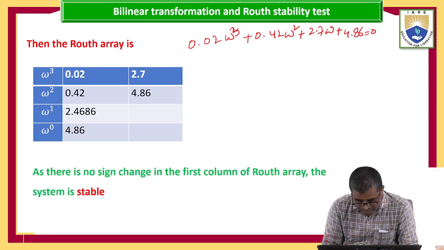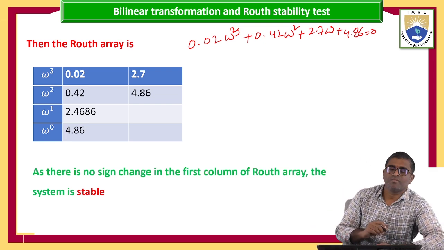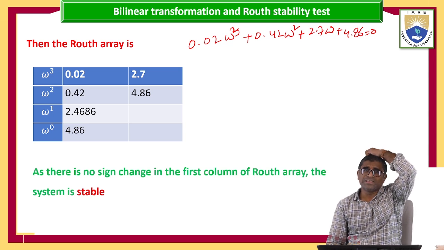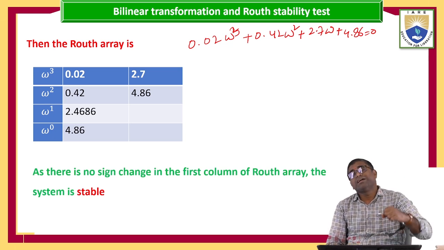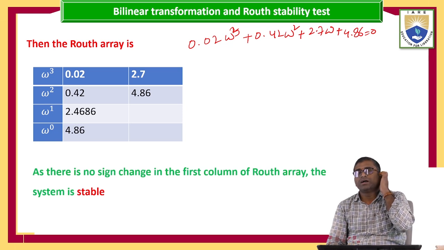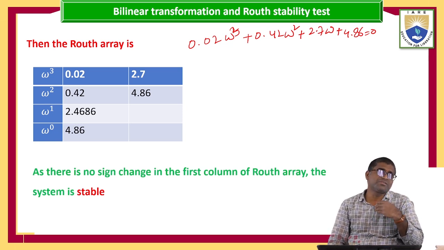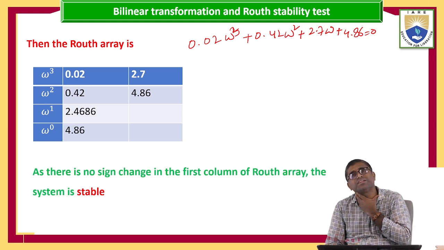So finally, we got the value as this one. Now we go for the same conclusion, as in the control system subject, where we do the Routh array method. In a control system, we take the characteristic equation directly and find the Routh table.